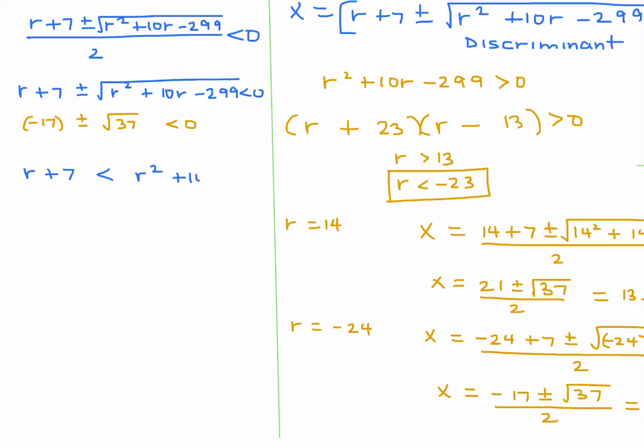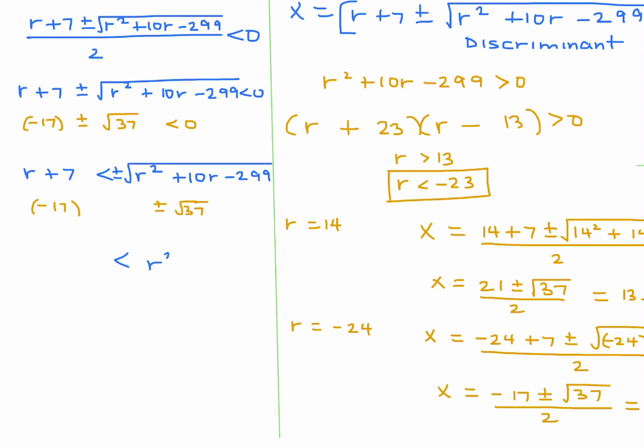So r squared plus 10r minus 299 square root. So that basically means that you have this plus or minus still, but really it's still a comparison between something like minus 37 and root 37. And minus 17 is less than plus or minus root 37. If it's plus root 37, it's obviously less, and even if it's minus root 37, it would be less. Now here's the part of the question that we need to pay close attention to. I want to get rid of that radical sign. And when I do, obviously, I square both sides.